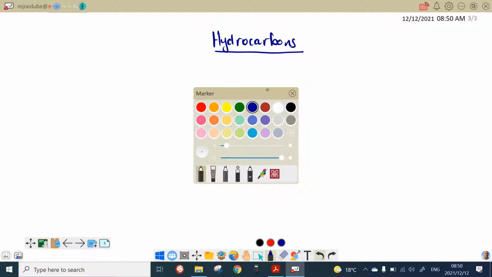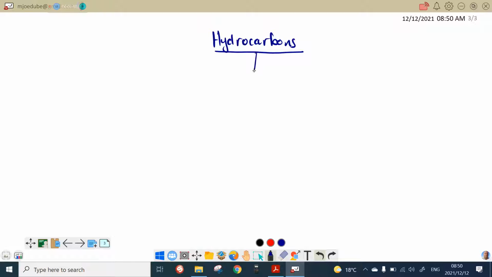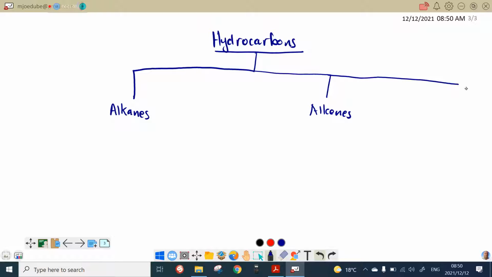Your hydrocarbons are made up of your alkanes, and then there is the alkene, and then there is another group that is called the alkynes. So these are the hydrocarbons that we are going to be looking at.